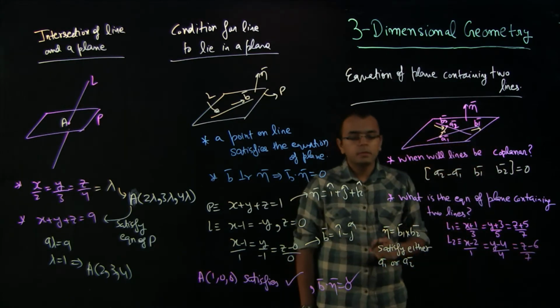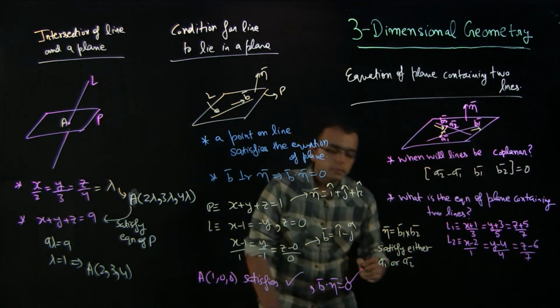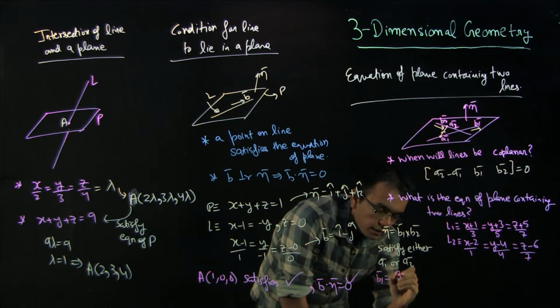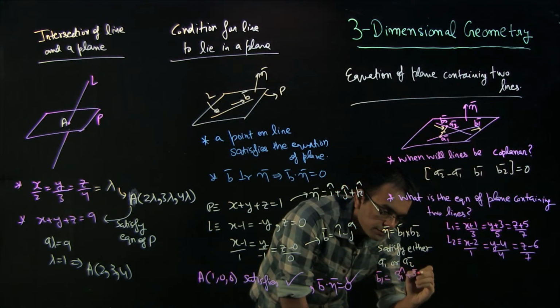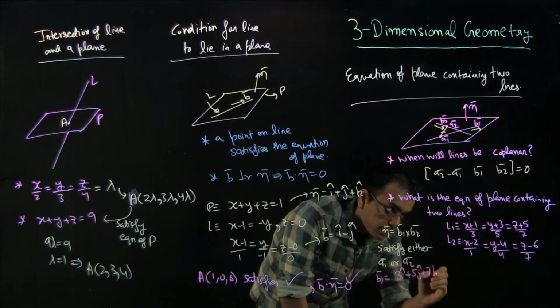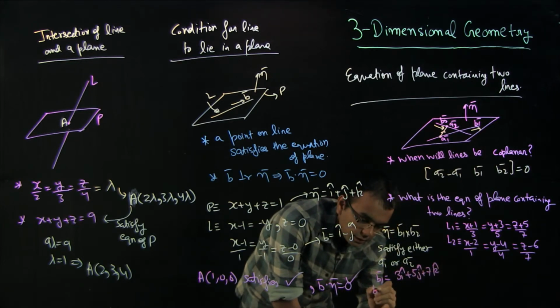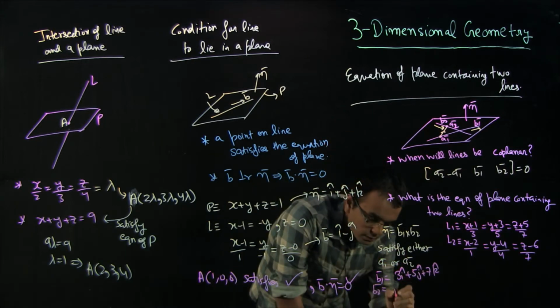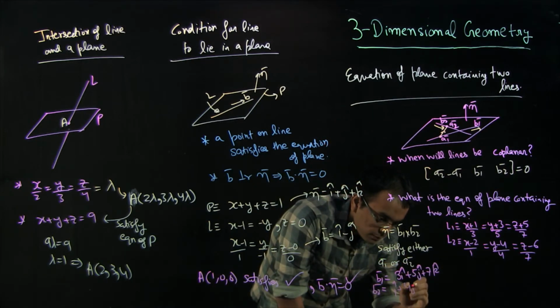Okay. So B1 is 3i cap plus 5j cap plus 7k cap, right, and B2 is i cap plus 4j cap plus 7k cap.